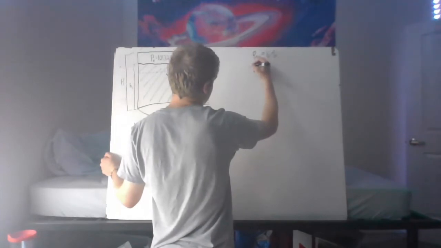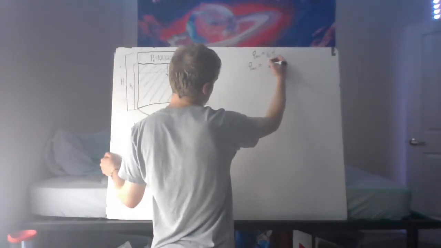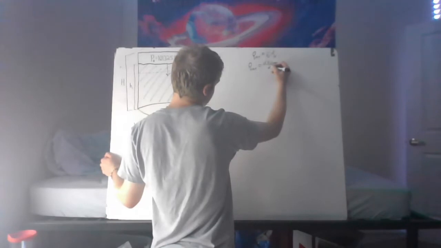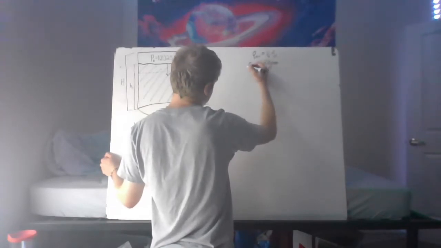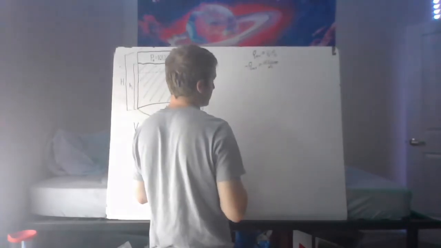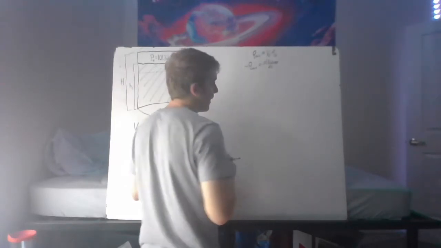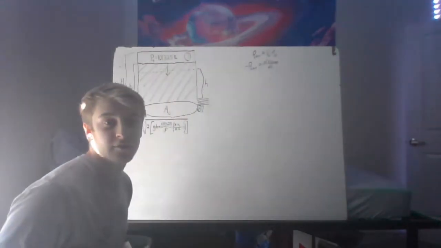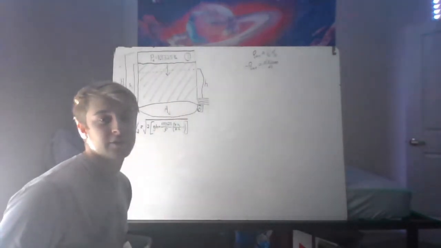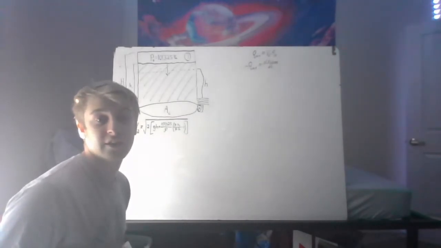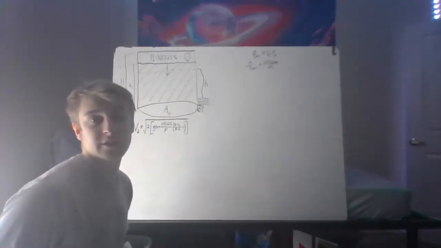And we also know that Q out will be equal to the change in volume over change in time. And that change in volume is actually going to just be our cross-sectional area times our change in height.